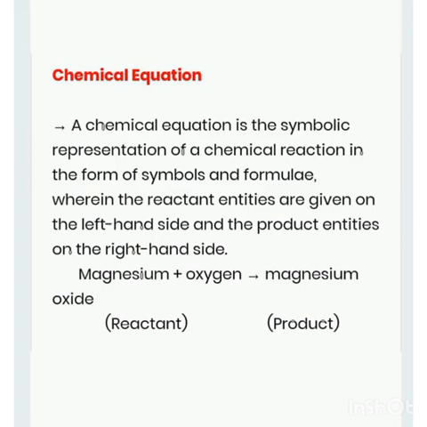For example, magnesium plus oxygen, when they react with each other, give magnesium oxide. So here magnesium and oxygen act as reactants, which are on the left hand side of the chemical equation, and magnesium oxide is the product, which is on the right hand side.